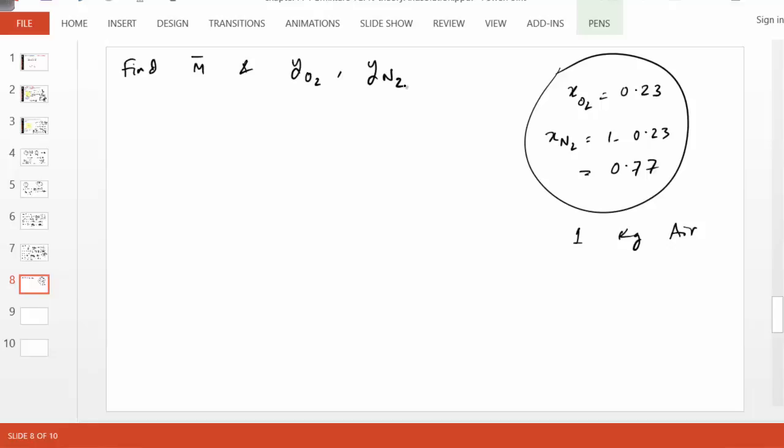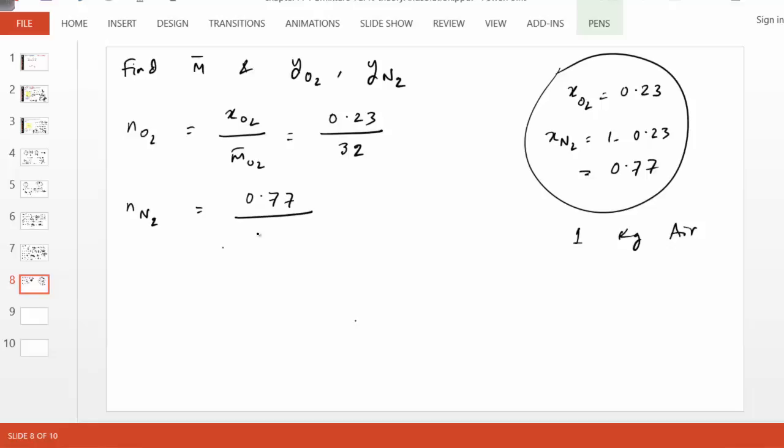How do we do that? Because the mass fractions are given, we can find how much oxygen is in there: X of oxygen divided by the molar mass of oxygen, which is 0.23 over 32. So many kilomole of oxygen. And nitrogen we can similarly find from 0.77 divided by the molar mass of nitrogen, which is 28.